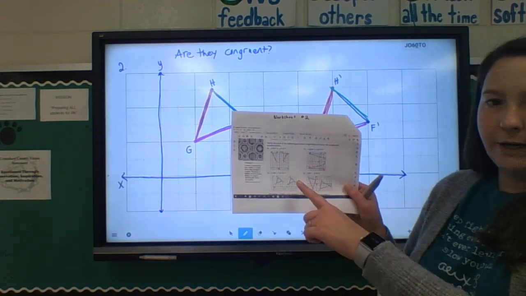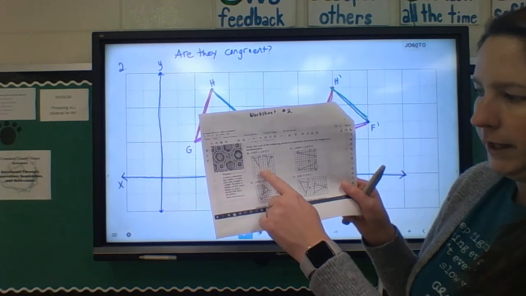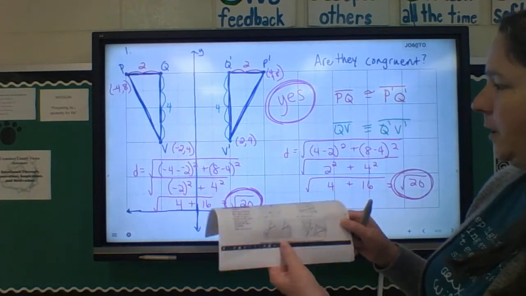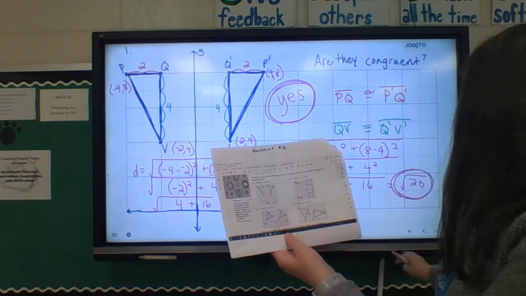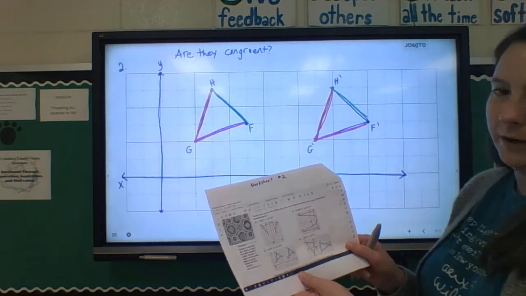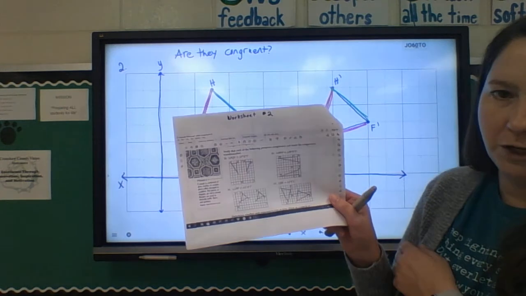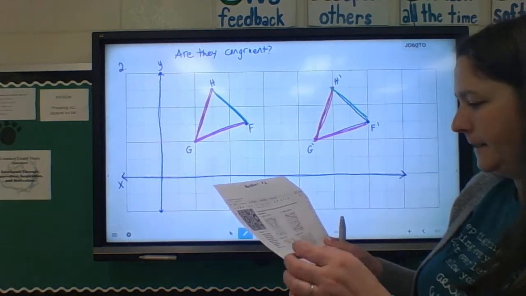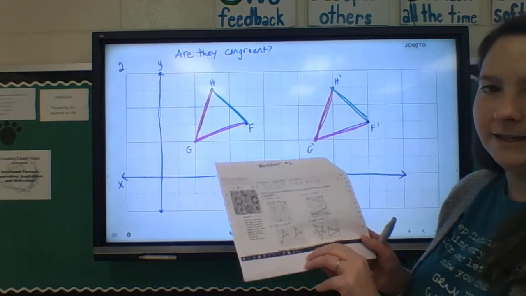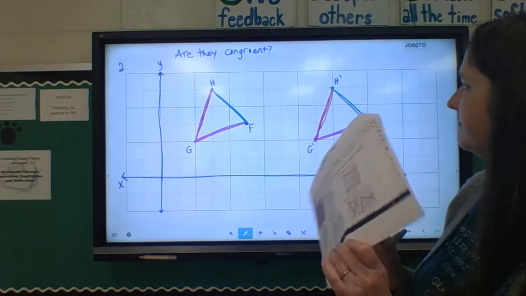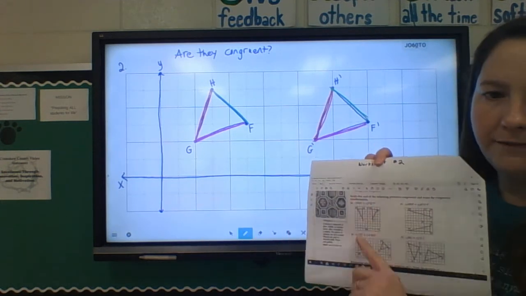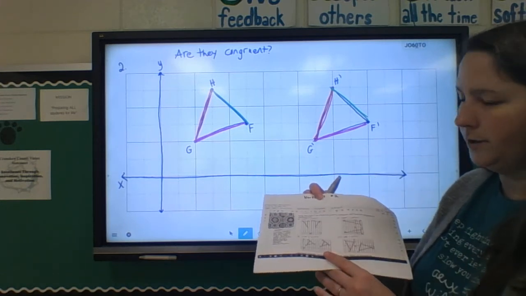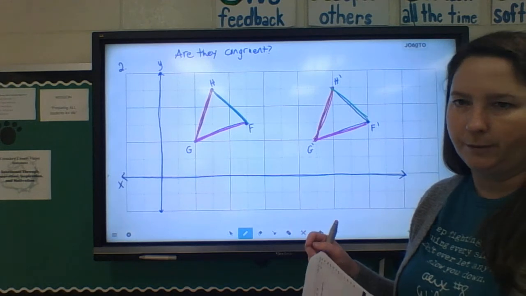I did number 22 from worksheet number 1 on this page, and this is number 24 from worksheet number 2 that we did last week. This is how to tell if these triangles are congruent: by using the distance formula.